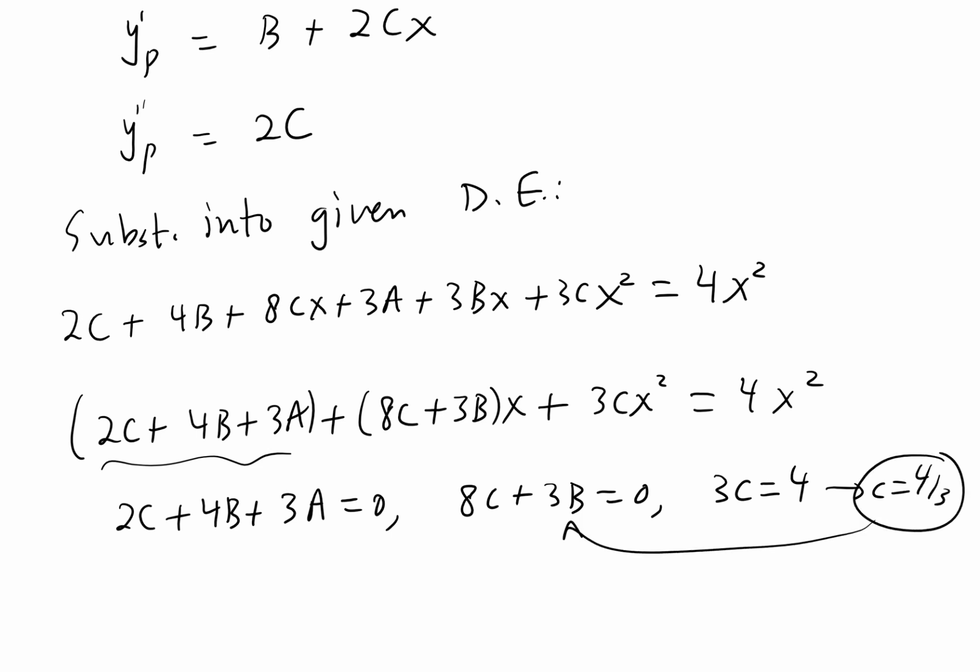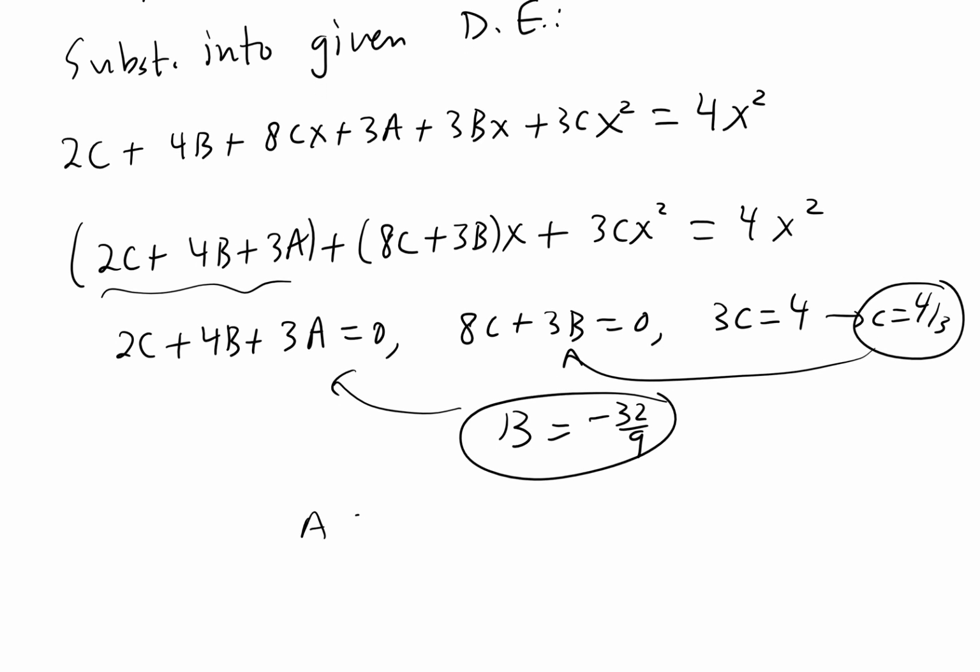Substituting this back, I got b equals negative 32 over 9. Substituting both back, we solve for a, and a is 104 over 27.